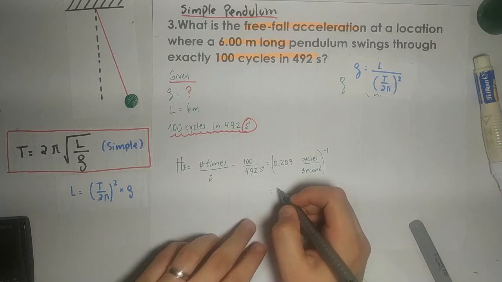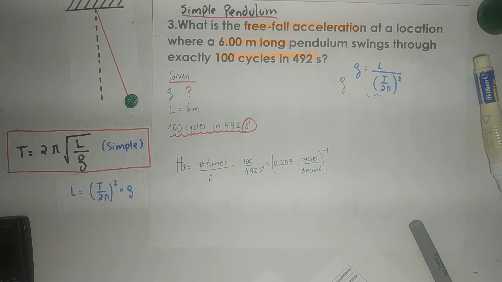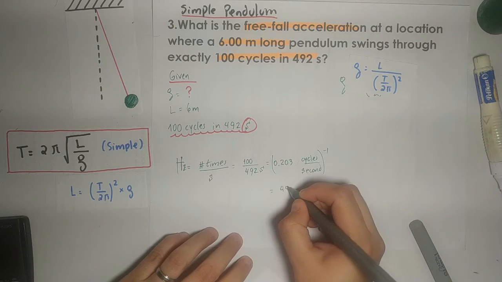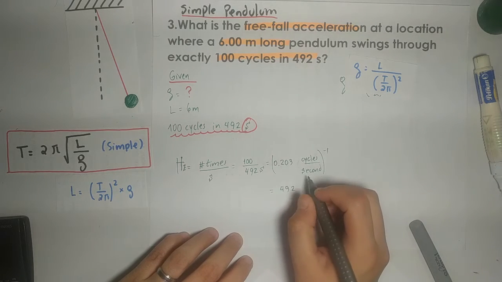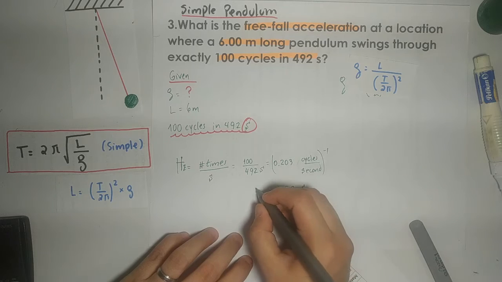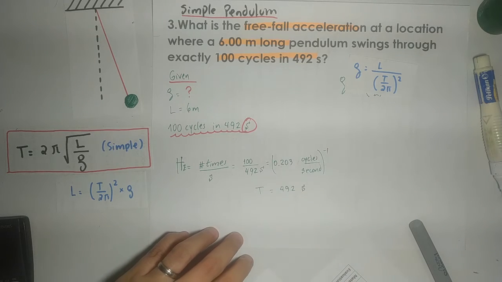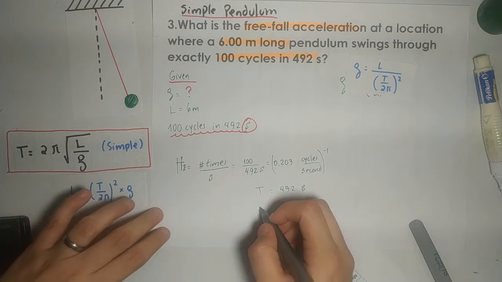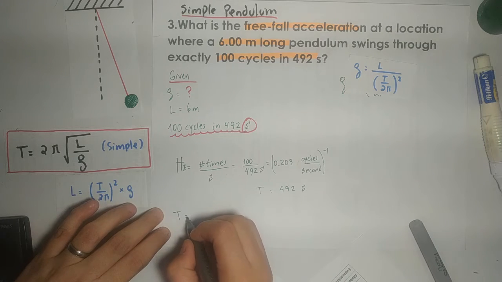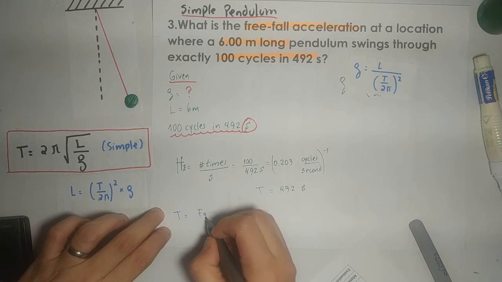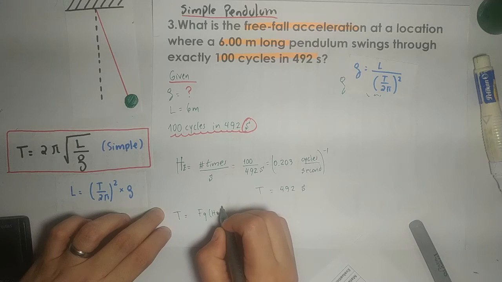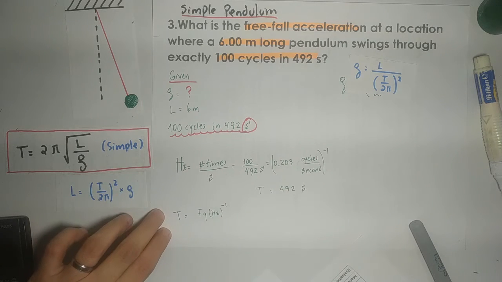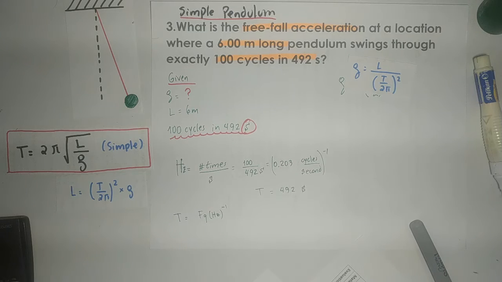So we're going to have 492 seconds. So you can calculate the period by using this formula. Period is equal to frequency, which is measured in hertz, raised to the negative first power.